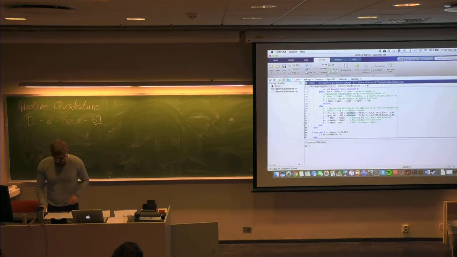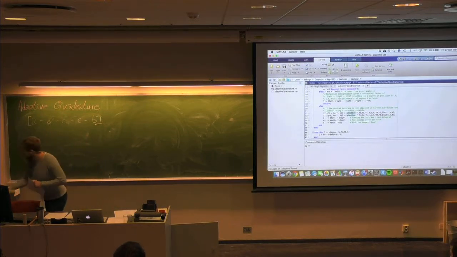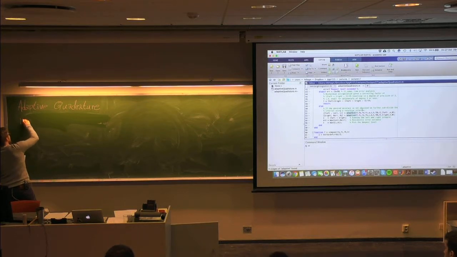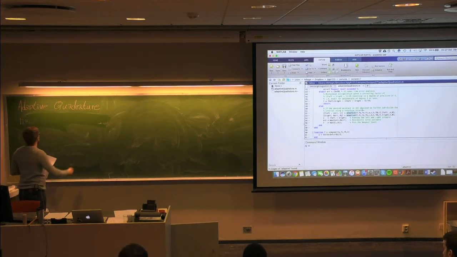So I can try to illustrate this a bit. Say that you have your starting interval. So what does this recursion mean? Well, you start at level n equals 0.